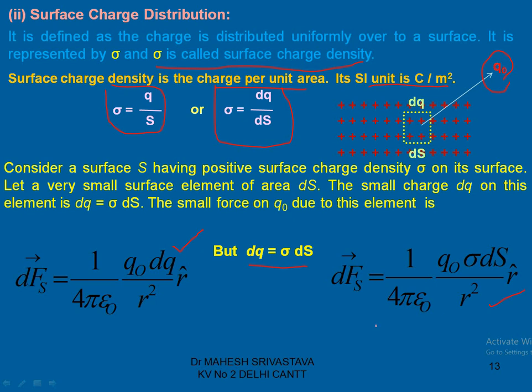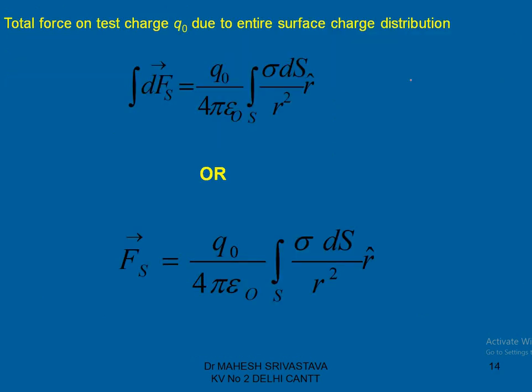Now we will find the total force on q naught, that is the test charge, due to the entire surface charge distribution. Then what we do? We integrate it. This integration is called a surface integral. The surface integral of dF_S vector equals q naught upon 4 pi epsilon naught surface integral sigma dS upon r square r cap.